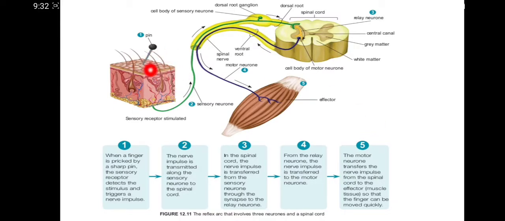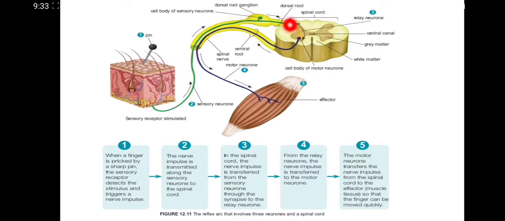For example, when a finger is pricked by a sharp pin, the sensory receptor detects the stimulus and triggers a nerve impulse. The nerve impulse is transmitted along the sensory neuron, yang warna hijau ini, to the spinal cord here. Dia hantar through the sensory neuron kepada spinal cord.